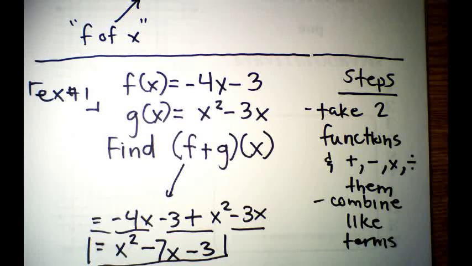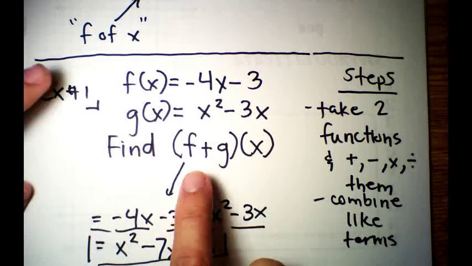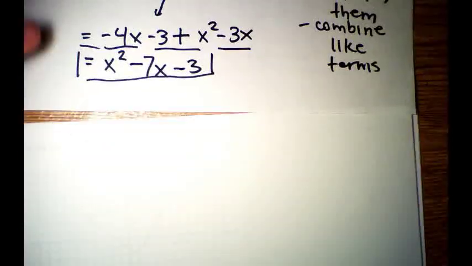So you're just pretty much either adding, subtracting, multiplying, or dividing those equations that you see for your problems or your examples. Okay. This f plus g of x, let me just go turn over to the next page.